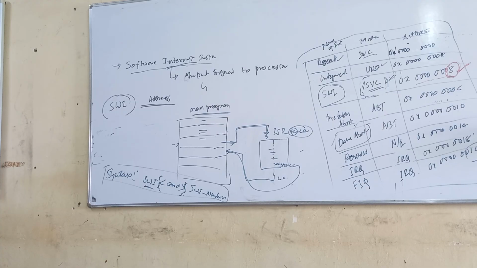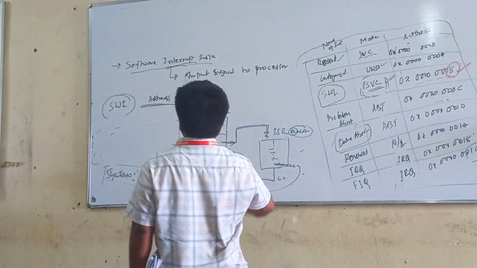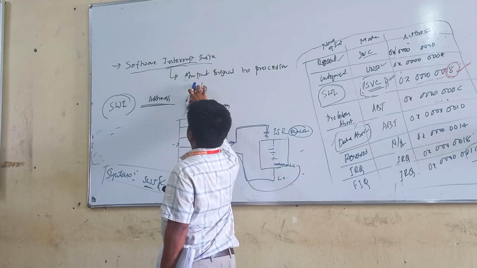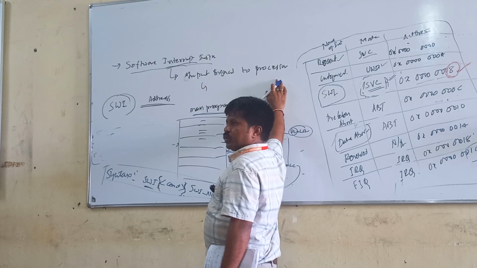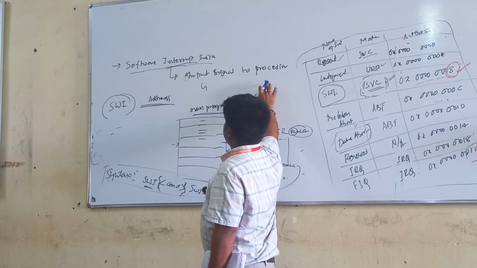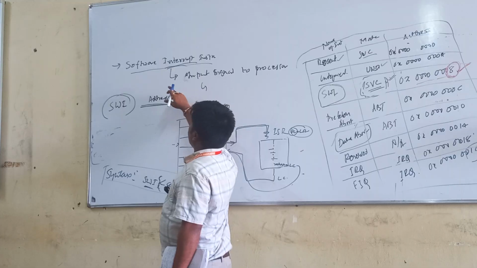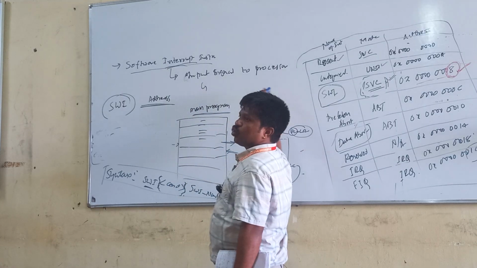Okay, next we'll consider one example. This is all about the software interrupt instruction. What is an interrupt? It's an input signal to the processor requesting the processor to give it higher priority or attention. We call it an interrupt. The software interrupt instruction is one of the interrupts which moves the processor to the supervisor mode.